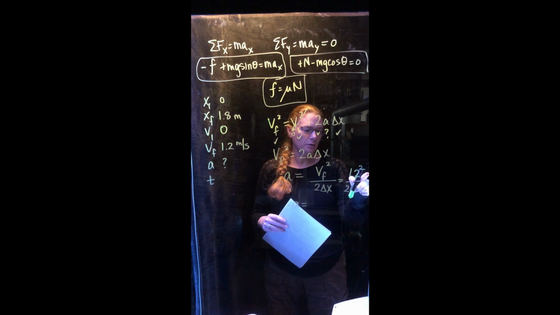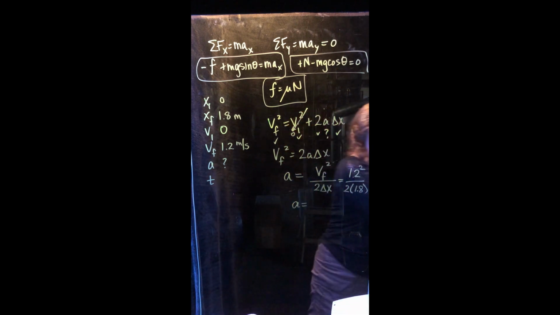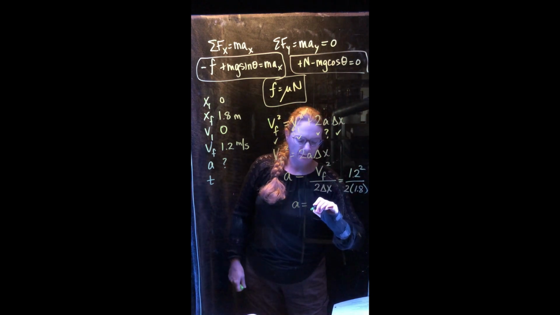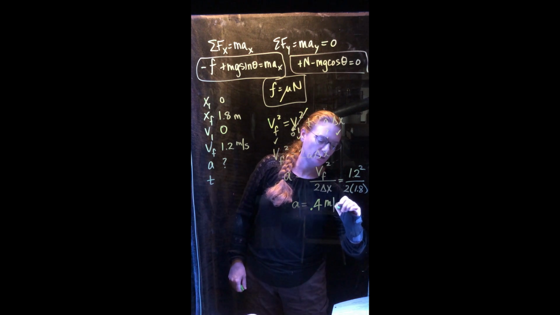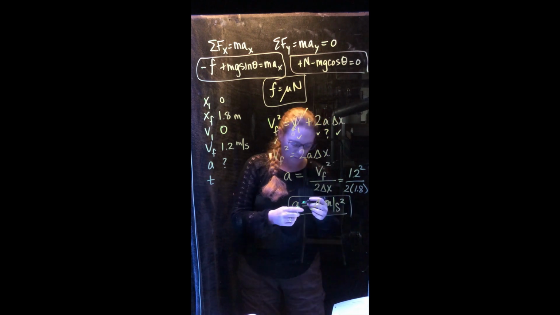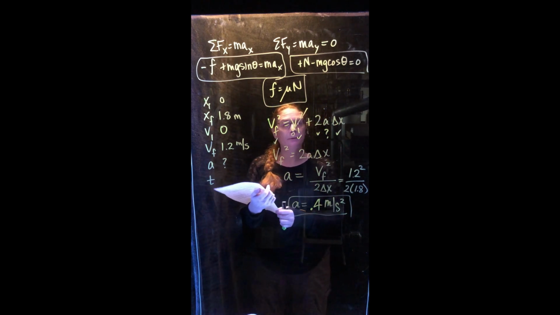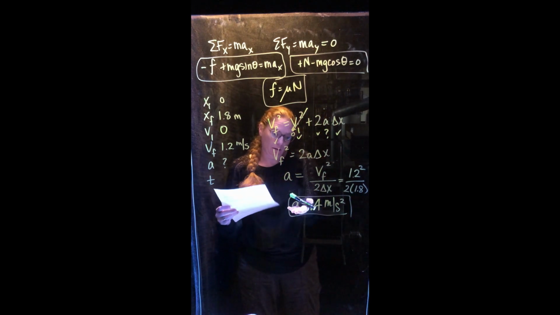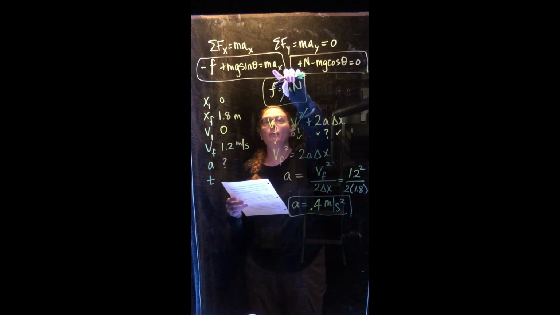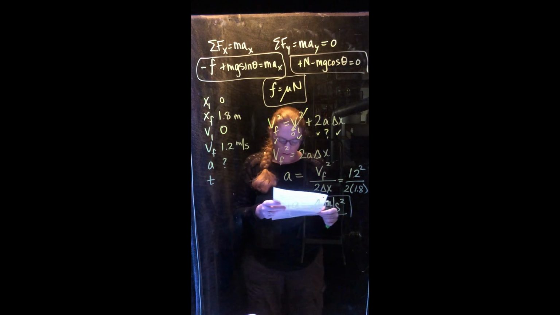That's 3.6, 1.4 over 3.6, that's 0.4. 0.4 meters per second squared. Okay, so that was number 10. Use kinematics if necessary. And I had to use it because I didn't know what my acceleration was. And my acceleration is right there.